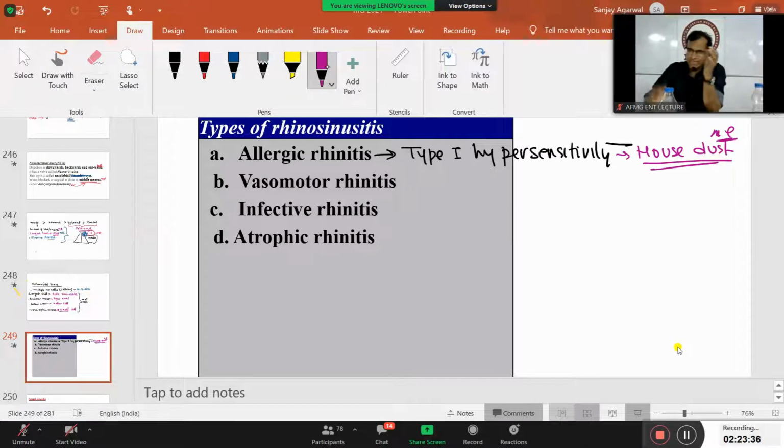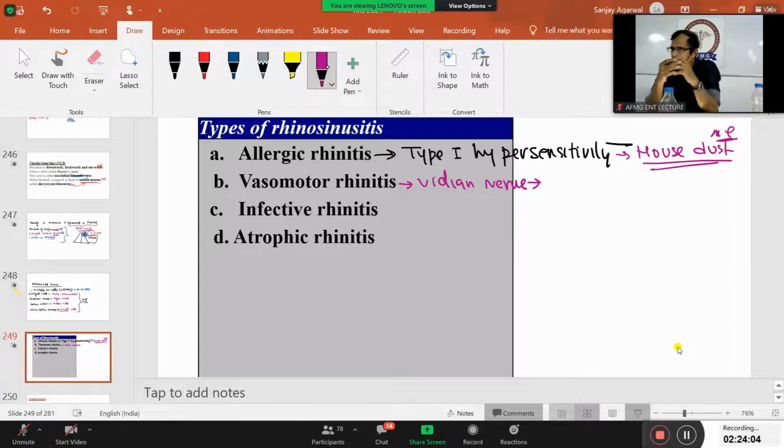Now vasomotor rhinitis. I told you earlier, vasomotor rhinitis is caused by the vidian nerve. Remember the vidian nerve? The vidian nerve is formed by the first branch of the facial nerve. What is the first branch of the facial nerve called? Greater superficial petrosal nerve. And it supplies what?